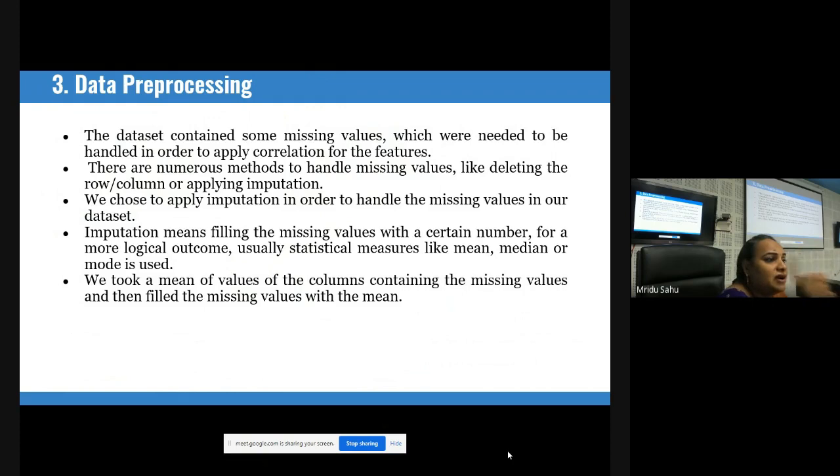But if you are extracting the data from already established storage, then the data is already pre-processed. But we are taking the data from the ground, from realistic sources, so it has problems and we have to do data pre-processing. Imputation means filling the missing value.